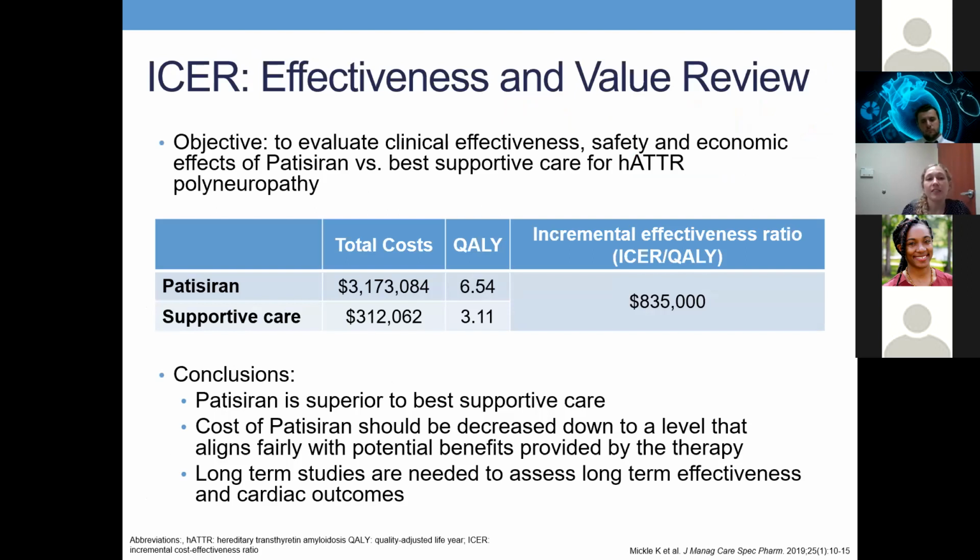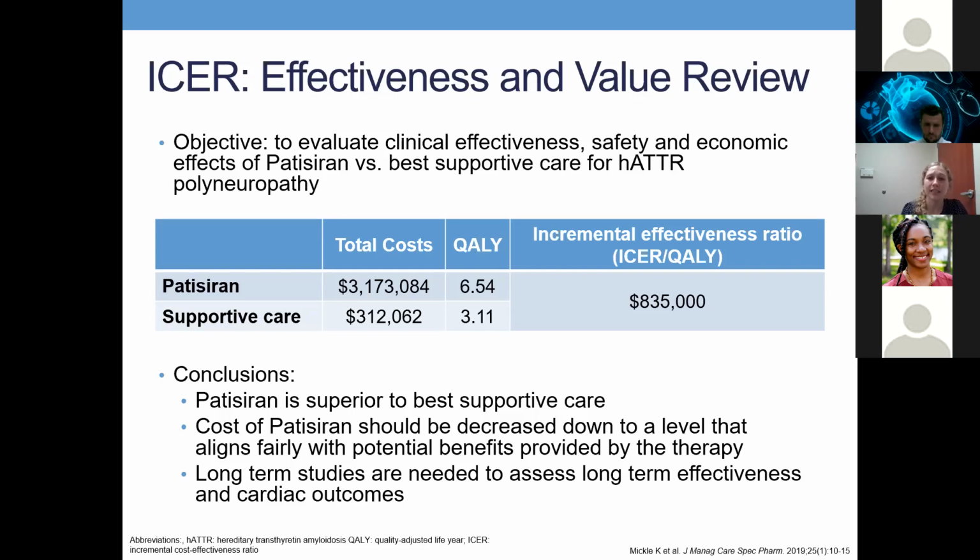The cost effectiveness of patisiran was assessed via an ICER review, and it was compared versus best supportive care for patients with hereditary TTR polyneuropathy. Of course, we can't be looking at cardiomyopathy because that's not an FDA-approved indication here. And they concluded that patisiran is superior to best supportive care. You can see improved QALYs at 6.54 versus only 3.11 for supportive care.